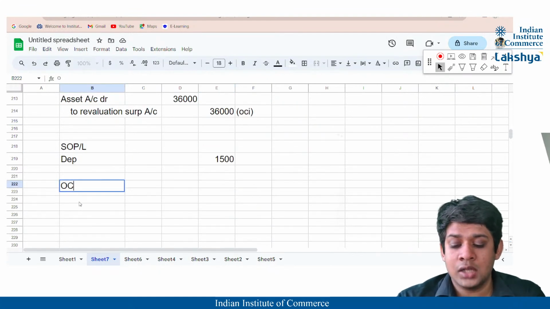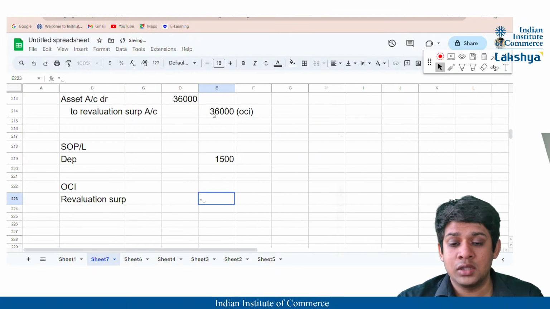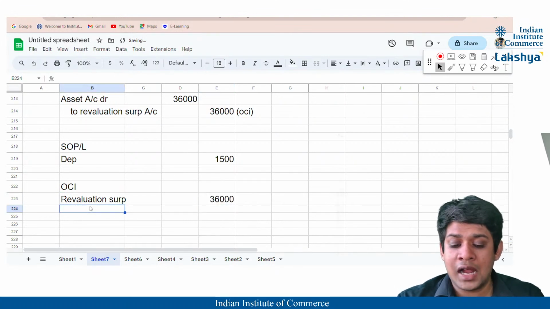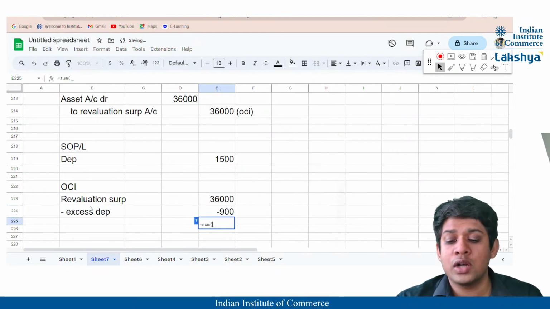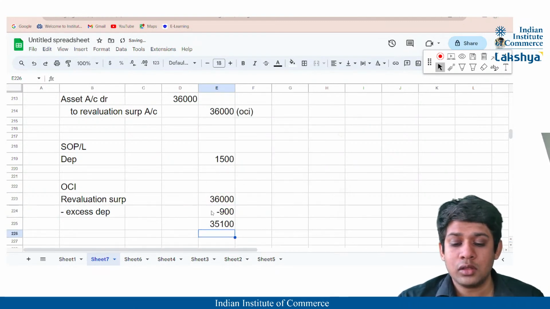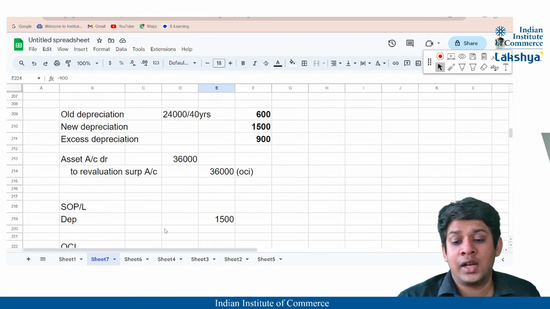So, when I state my other comprehensive income, in that I will state revaluation surplus to be 36,000 and from that I will deduct the excess depreciation. So my revaluation surplus will thus go down to 35,100, and this excess depreciation, I will give it back to the retained earnings, correct?